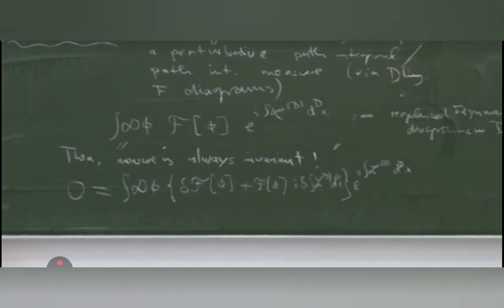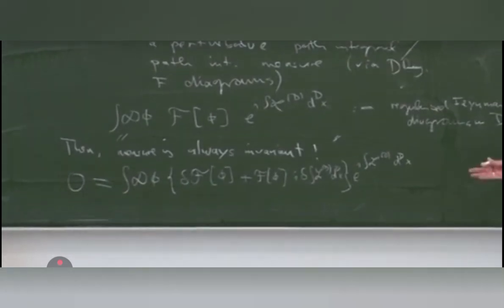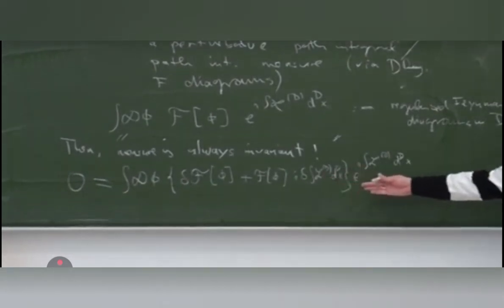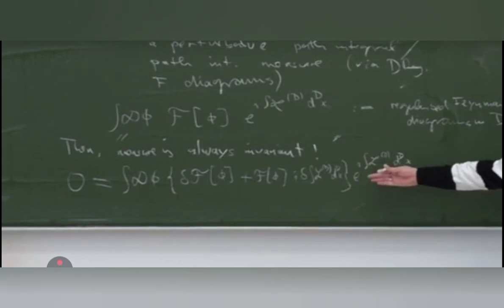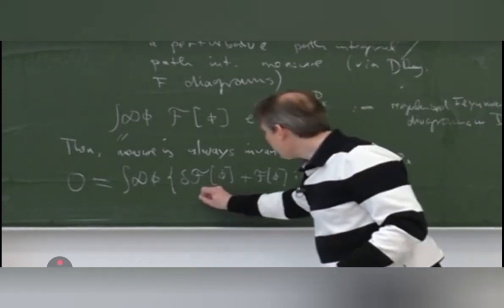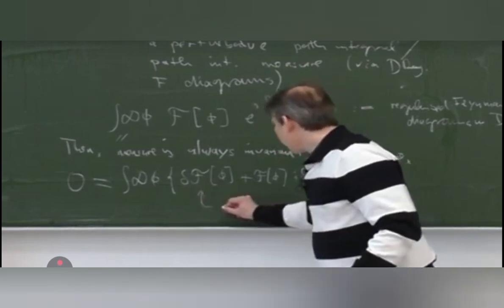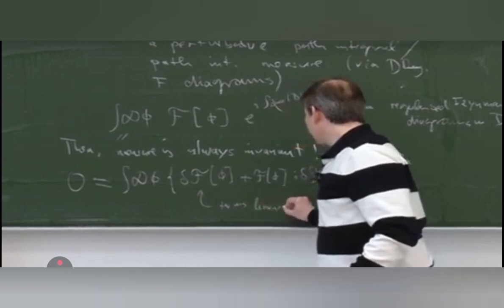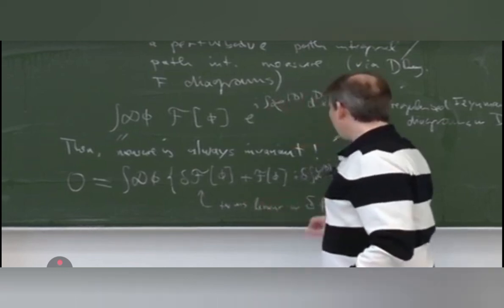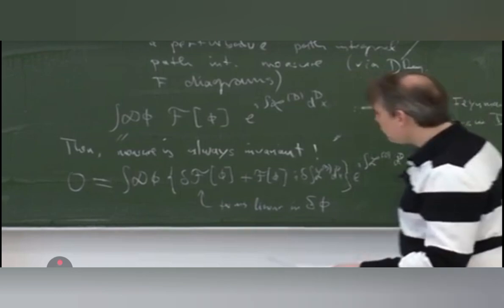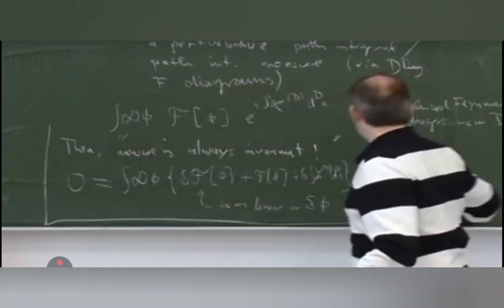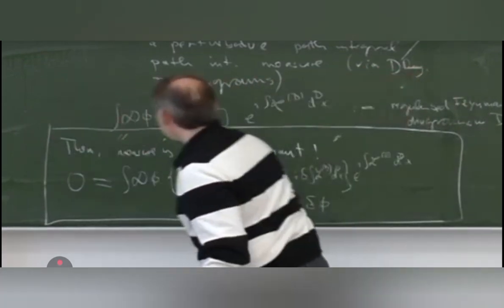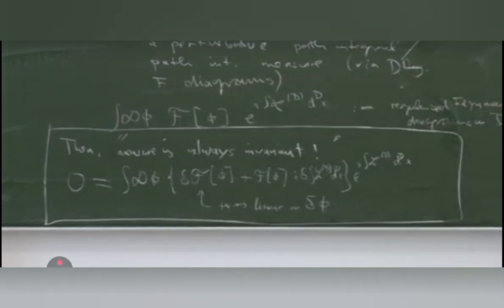The path integral over this combination vanishes when you define the path integral just via Feynman diagrams. Again, the variations are the terms linear in the infinitesimal field variations delta phi. So this is one way how you can express the statement in dimensional regularization.